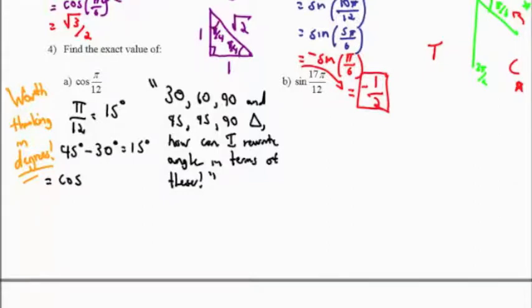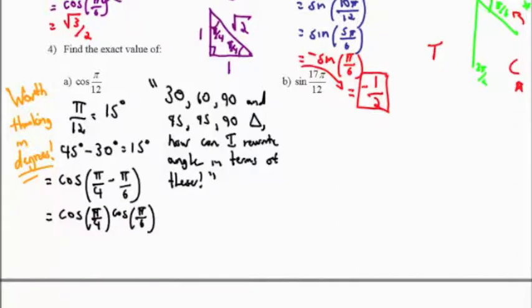So I can rewrite now the cosine of pi over 12 as the cosine of, now again we know 45 degrees is pi over 4, and we know that 30 degrees is pi over 6. Now you see what we're getting at? This is the angle difference identity that we've been talking about previously. Now we can rewrite it in terms of the right side of its identity, which says the cosine of pi over 4 times the cosine of pi over 6 plus the sine of pi over 4 times the sine of pi over 6.